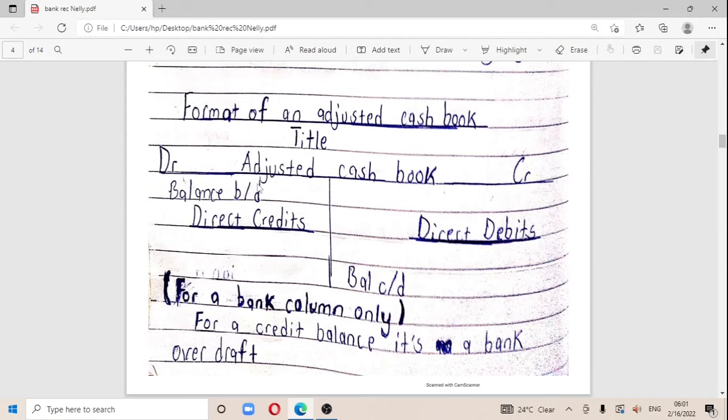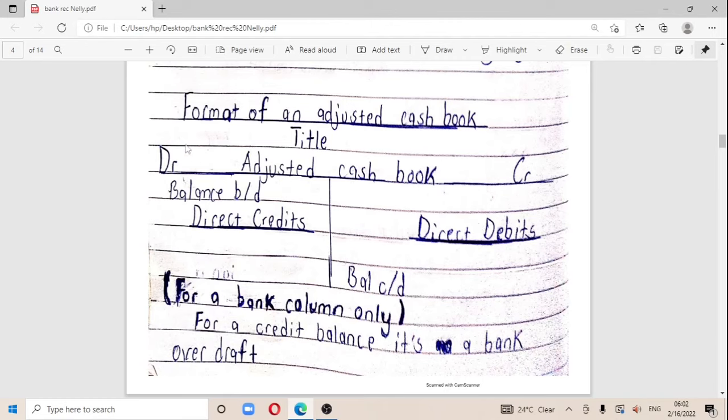You can have a debit balance, or you can have a credit balance, meaning that since we are dealing with the bank column, bank can either have a debit balance or a credit balance. If you're having a credit balance, that will mean it's a bank overdraft, and it can be on this side. So don't stick to only this, that it would always be on the debit side. It can also be on the credit side.